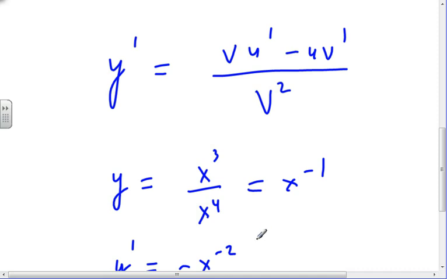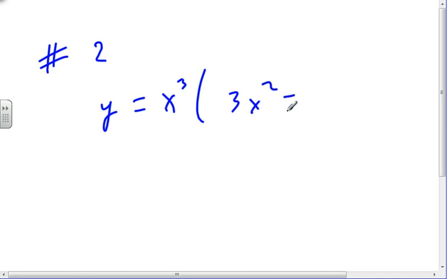All right, well, those are the only rules we have, so that means we can solve problems again. Now we have to remember what rules we have so that we can use them, right? All right, number 2, I have y is x cubed times 3x squared plus 2x plus 1 minus 1.